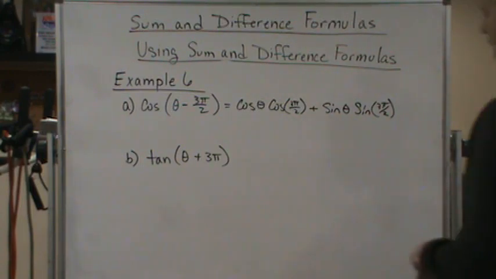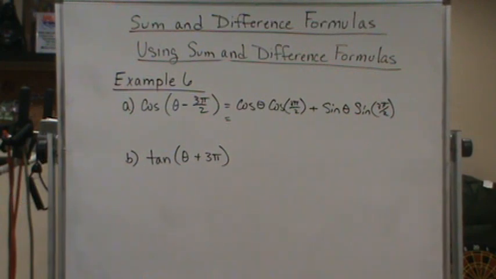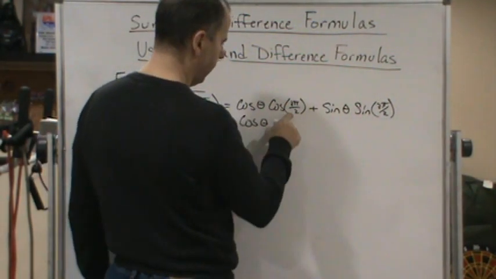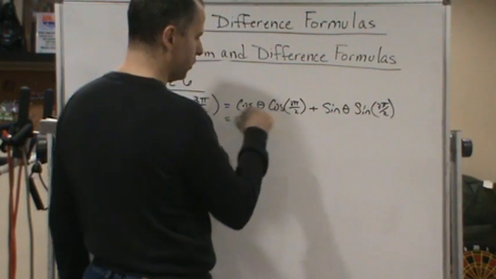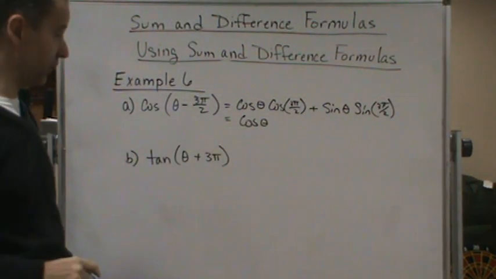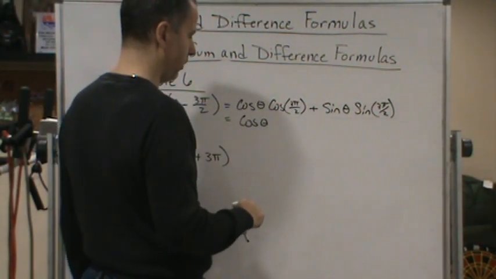Okay, so now from here, what do we do? Well, we have cosine theta. So this is 3 pi over 2, which is basically 270 degrees, so 3/4 of the way around the unit circle.